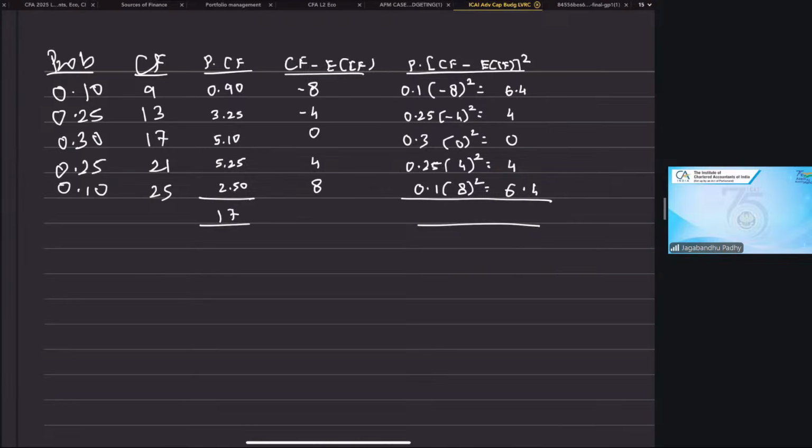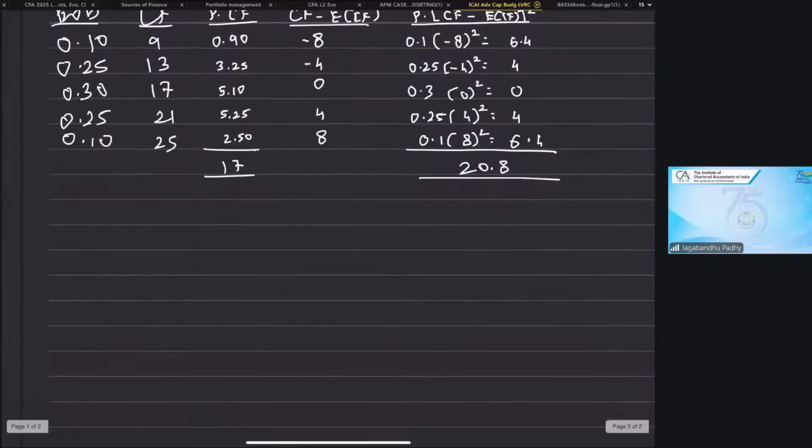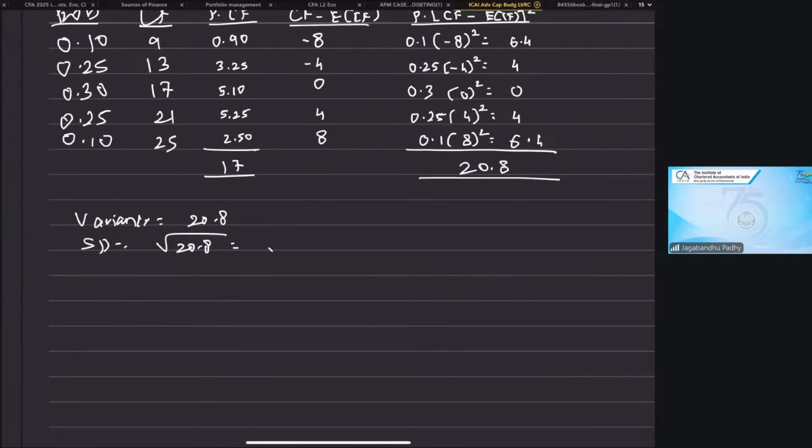So we get the variance as what? Add them all: 6.4 plus 4 plus 4 plus 6.4 is 20.8. So variance is 20.8. Standard deviation is the square root of 20.8, which is 4.56.